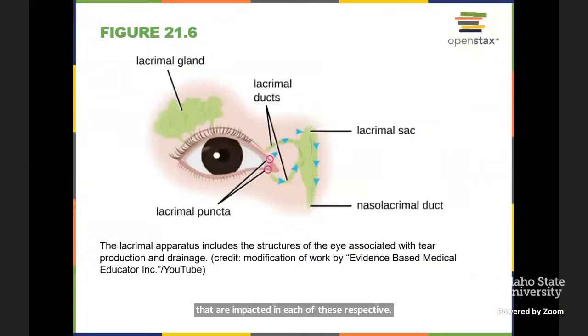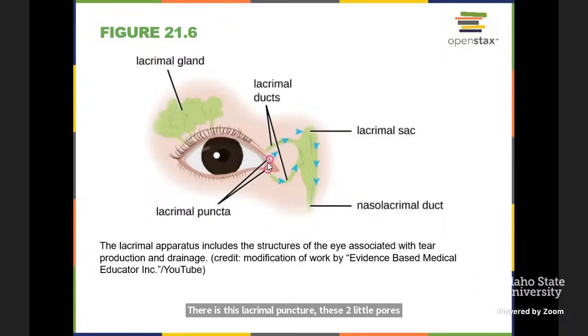So we also talked a little bit when we were thinking innate immunity, thinking about secretions like your tears with potentials to have some antimicrobial properties. And that's really kind of what we're looking at right here with the lacrimal glands and the secretion of this. There is this lacrimal puncta, these two little pores where the tears are able to cycle through.